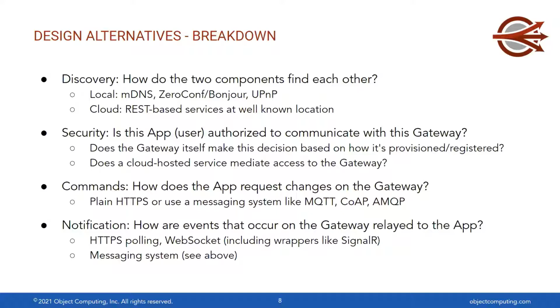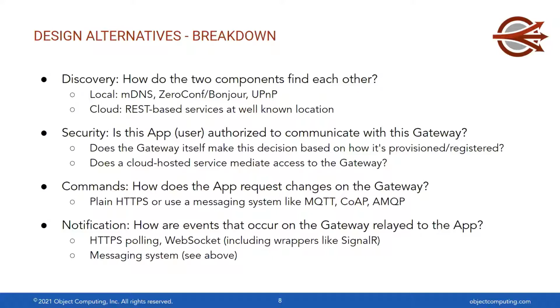There are these various techniques that have been developed and are common in the industry. But in a cloud-based scenario, or when the mobile app is outside the home, a lot of these solutions that would depend on IP multicast are no longer feasible, and we can think of doing things like REST-based services that are accessed at a well-known location. So we're thinking about these kinds of things for discovery, right? We need to bootstrap the system and get the two devices to know where each other is.